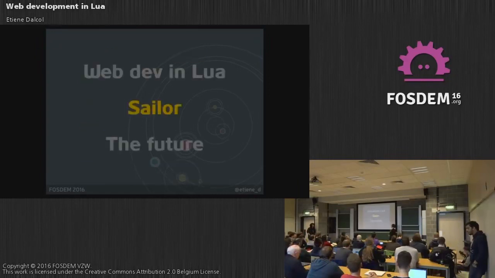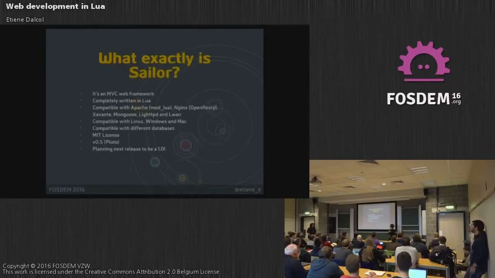And then there's Sailor. So what exactly is Sailor? Like the title said, it is an MVC web framework. It is completely written in Lua. It is compatible with many of the servers I mentioned before, many operating systems, databases. It is MIT licensed, which is, I think, the most permissive you can get.